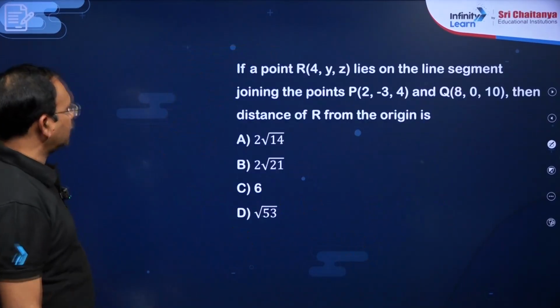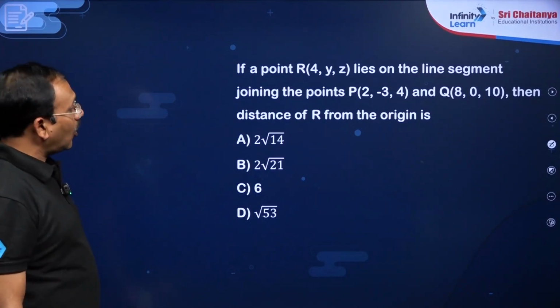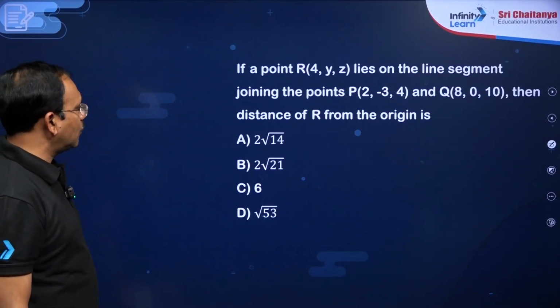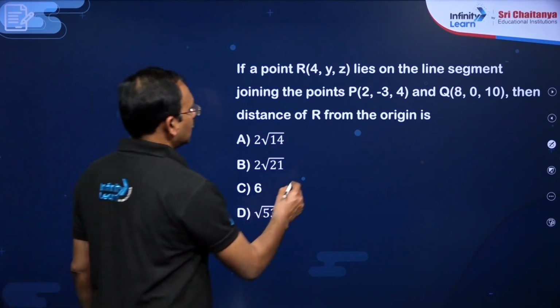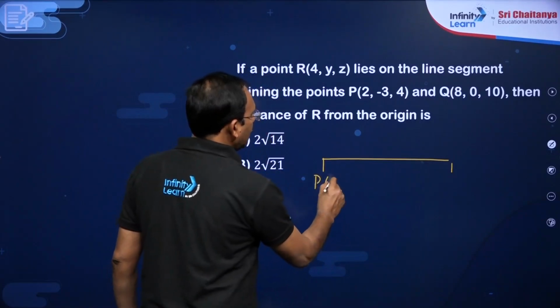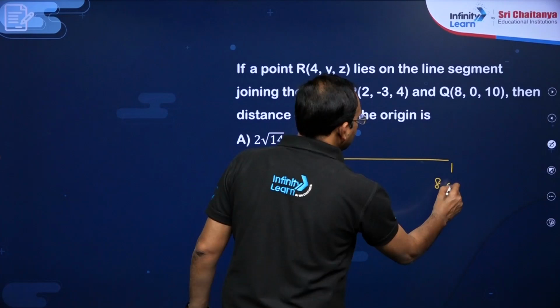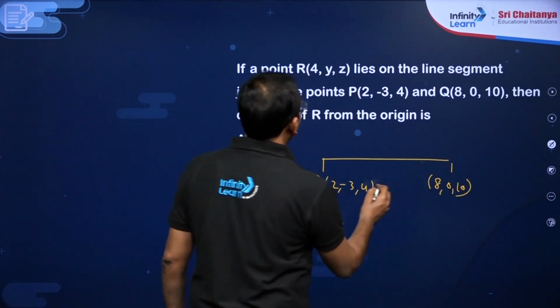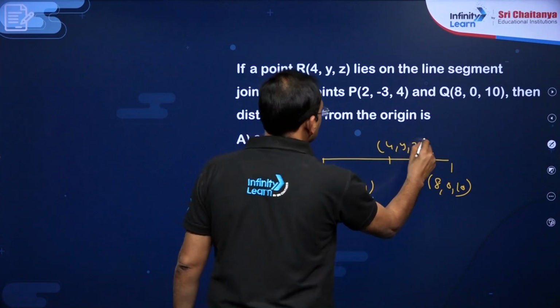Next, dear students, see this question: if a point R lies on the line segment joining P and Q, then find the distance of R from the origin. This R lies on PQ, that means they are collinear. P is (2, minus 3, 4), Q is (8, 0, 10), and R is suppose (4, y, z).